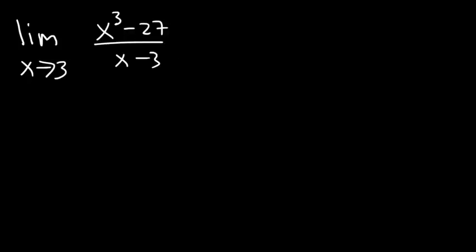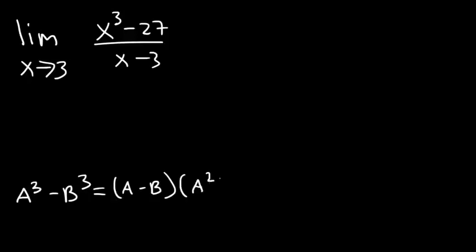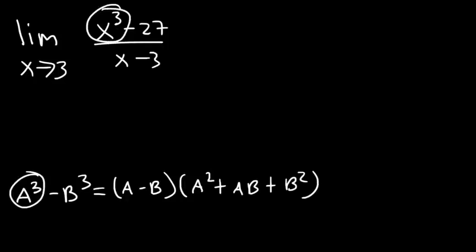So how can we factor x cubed minus 27? What we have is the difference of cubes. Whenever you see that, you can use this formula: a cubed minus b cubed is a minus b times a squared plus ab plus b squared. In our example, a to the third is x to the third, and b to the third is 27.